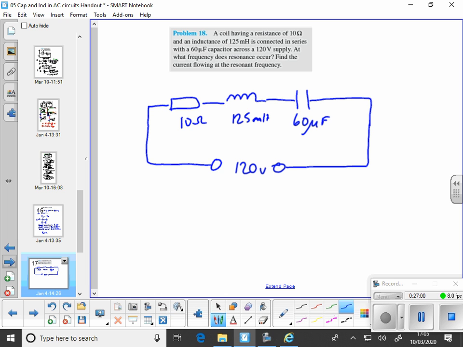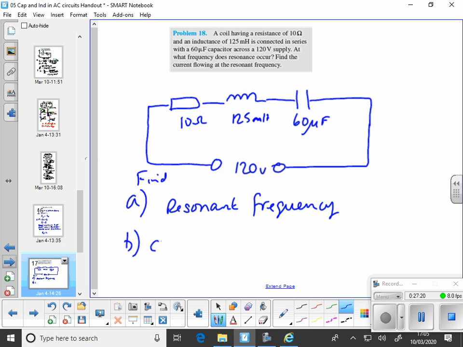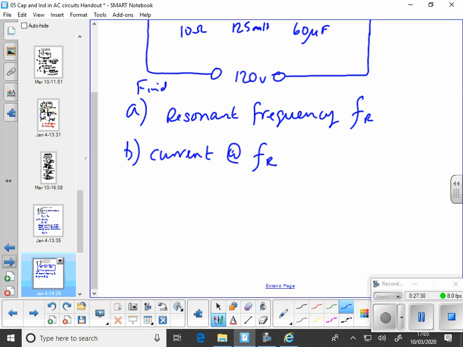Find the resonant frequency FR, find the current at FR, and VL and VC.